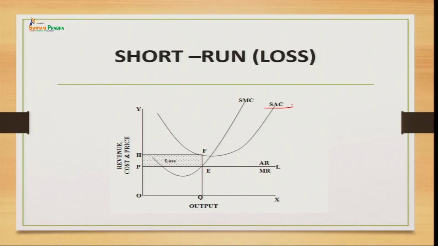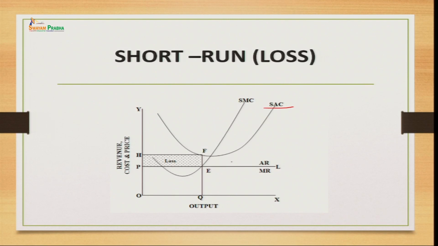To remember one thing: when we are talking about this perfectly competitive market and representing the different conditions, where the firm is earning supernormal profit, normal profit or incurring a loss, the only change you are going to make is in the average cost curve. Average cost will be lesser than average revenue in the case of supernormal profit, it will be the same as average revenue in the case of normal profit, and here you can see the average cost curve will shift upward, because the cost is more, as we are representing the loss condition.